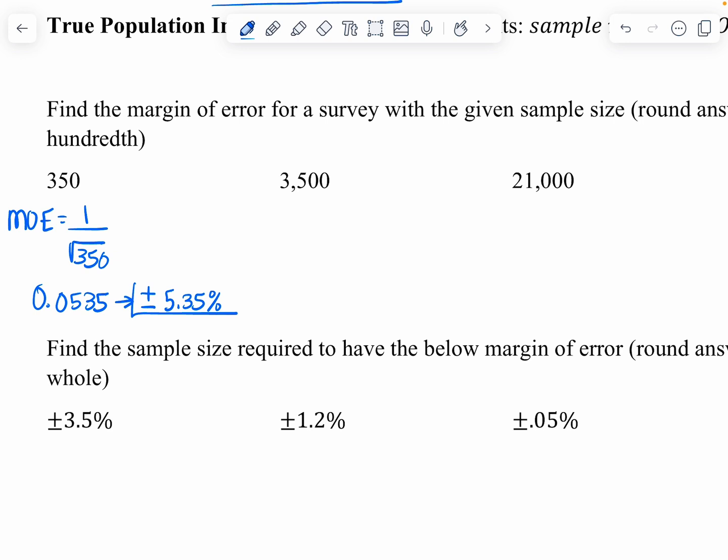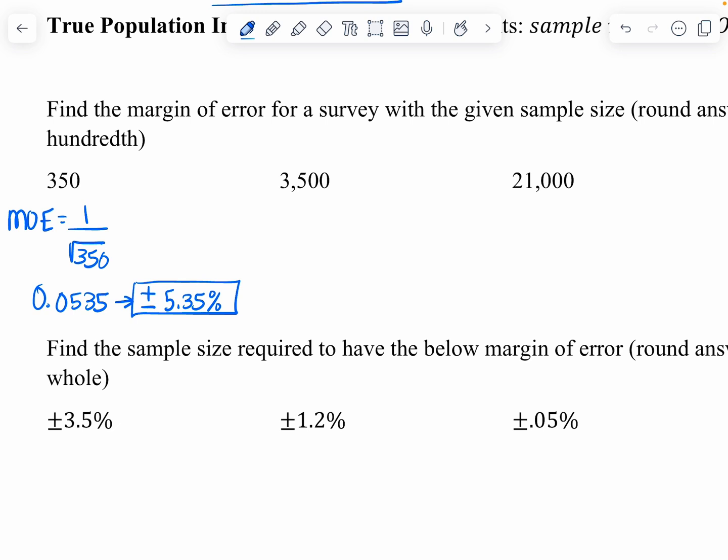That means whatever we're looking at in terms of the population interval, that we could go plus 5.35% or minus 5.35%.